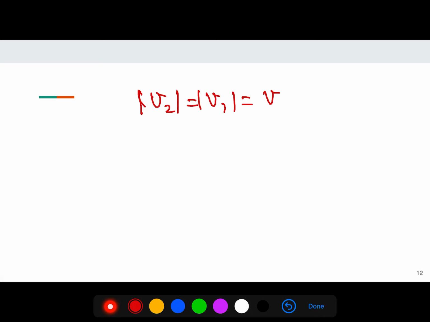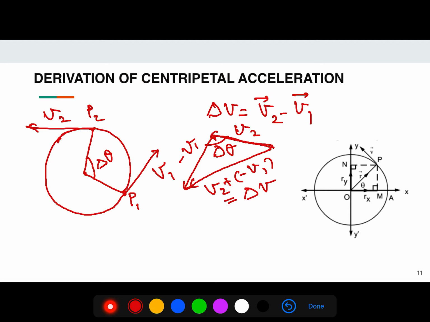So we name this triangle P1 O P2, and this one PQR.